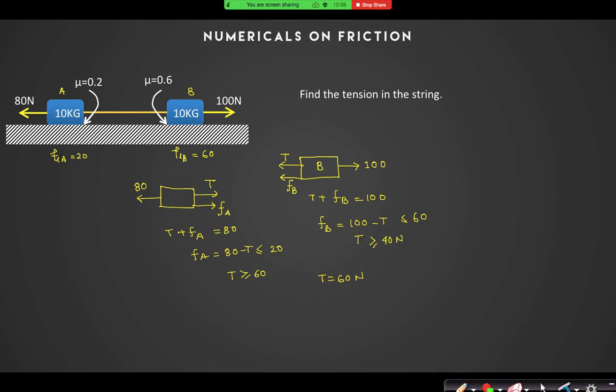Then the maximum value of Fa is 20. Yes, in that case also you can find, but you have to find the value of tension. That is why I got the value of tension here directly. You can always use this method.